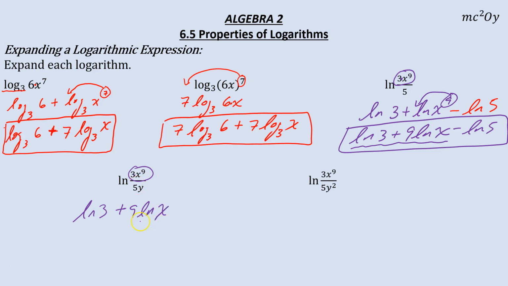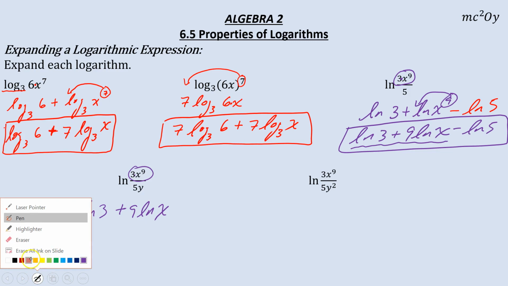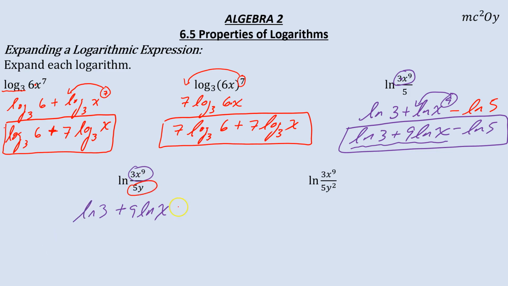But then on the bottom, we now have an extra y there, so we are subtracting the natural log of 5 plus the natural log of y. Notice you're multiplying here, so we're adding those two, but we're subtracting that whole quantity. Now, you have a negative outside of parentheses, you have to distribute that.